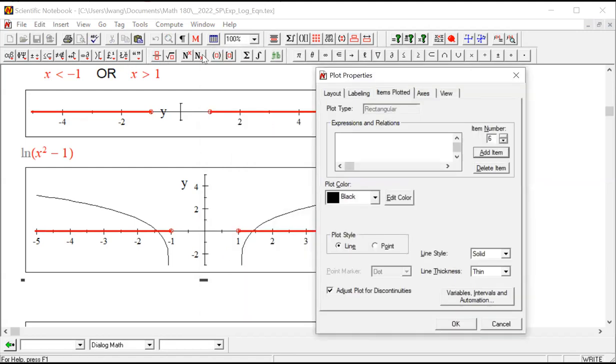It is right here. That's one vertical asymptote, which we draw as a broken line. And the next one is this other one.